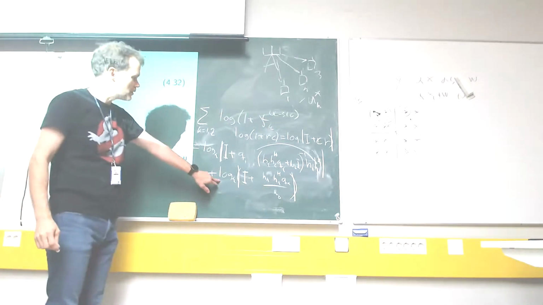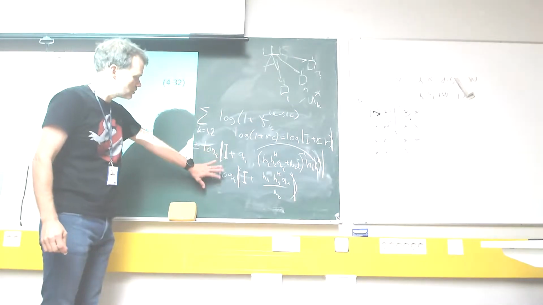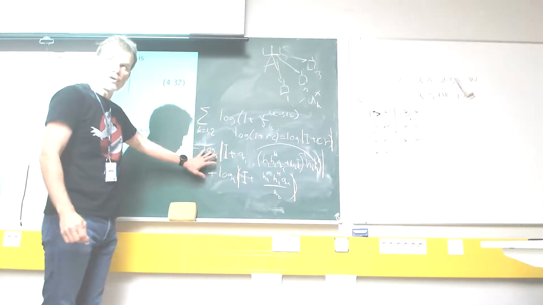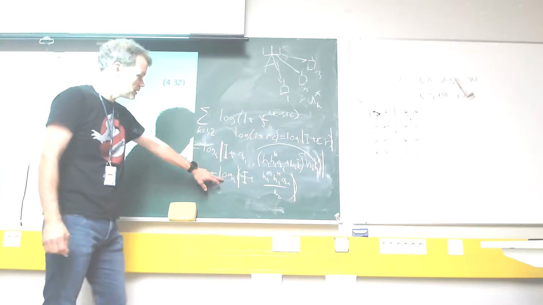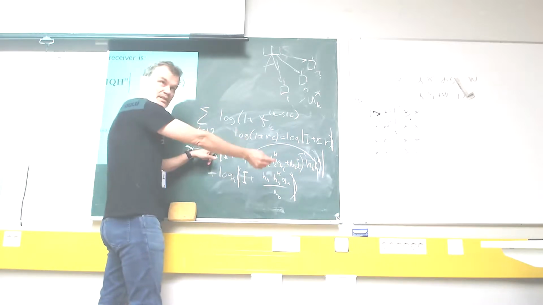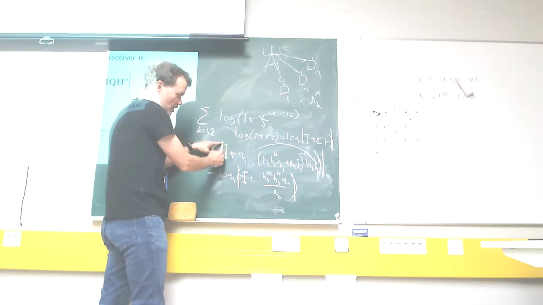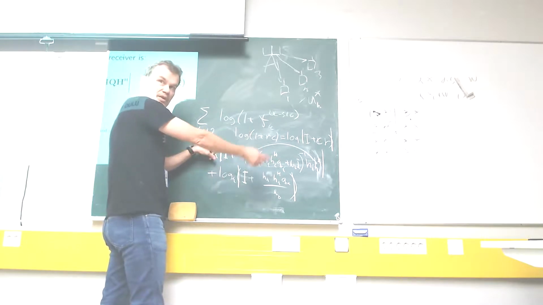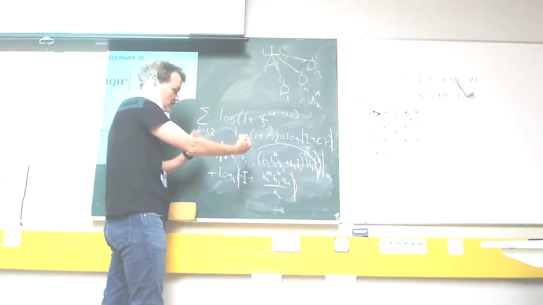Now, what you can do is that you have a sum of logs, which is a log of products. So you have a product of determinants inside the log. A product of determinants is a determinant of the product of two square matrices.